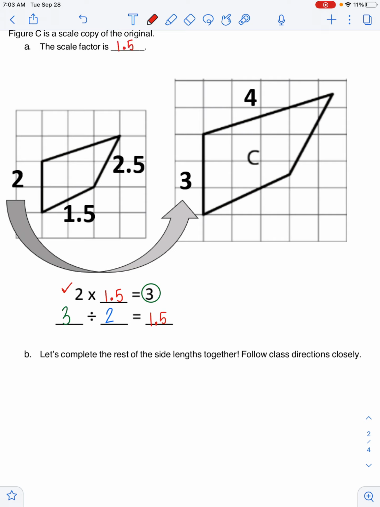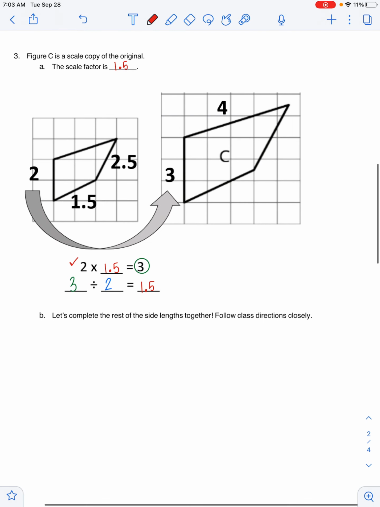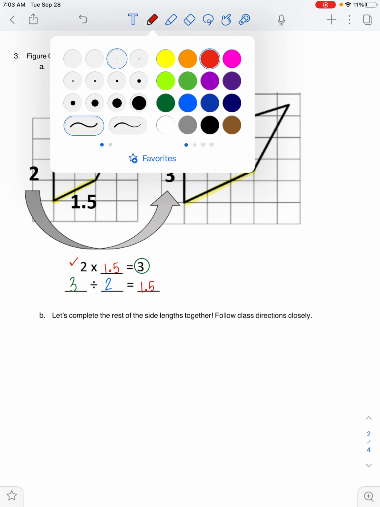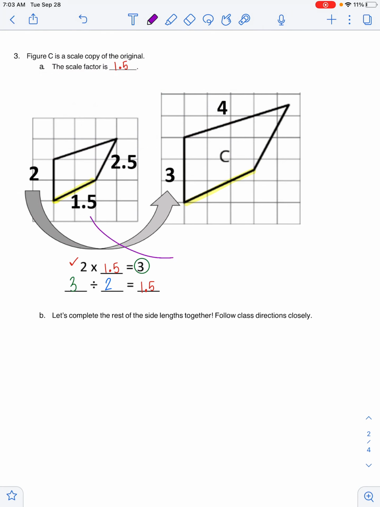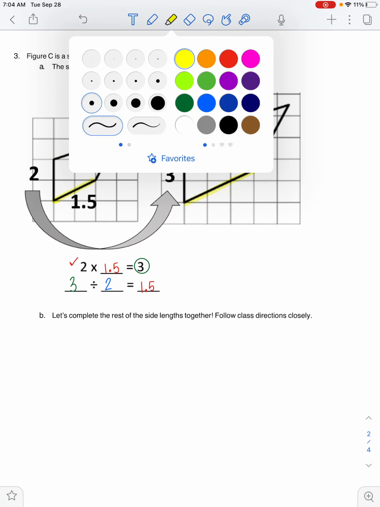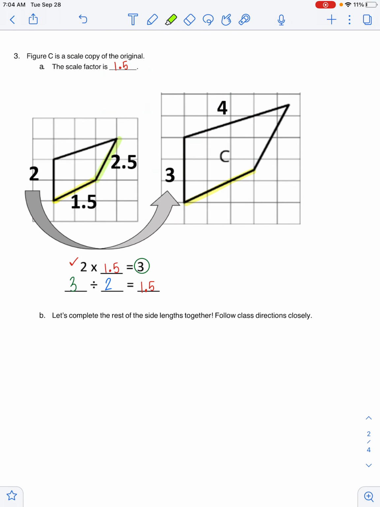So now that we know the scale factor is 1.5, we can use that scale factor to calculate the other corresponding sides. I would like you to find the length of the yellow corresponding side on your own, because you're just moving from 1.5 times 1.5 to a mystery side length, and you should do 2.5 on your own as well, because again, you're just moving from 2.5, using the scale factor to multiply, and finding the missing side length.